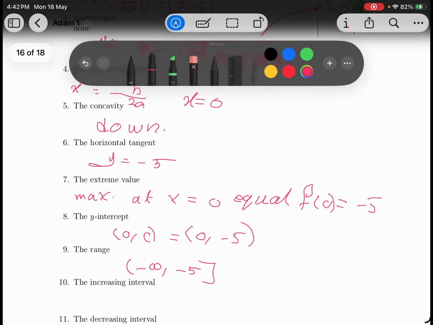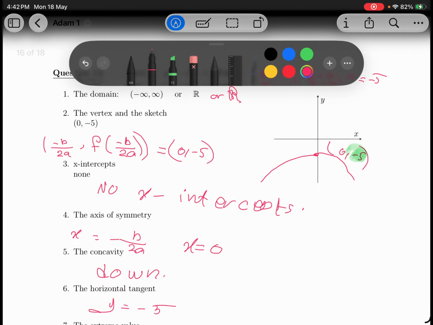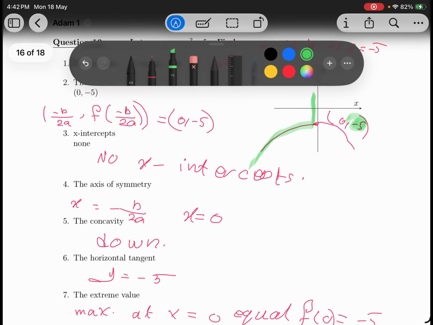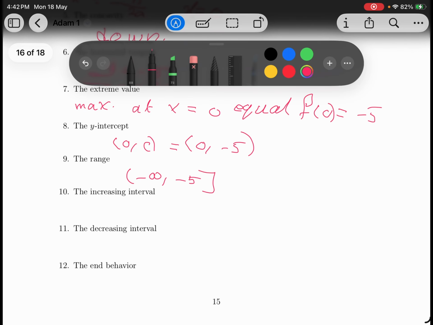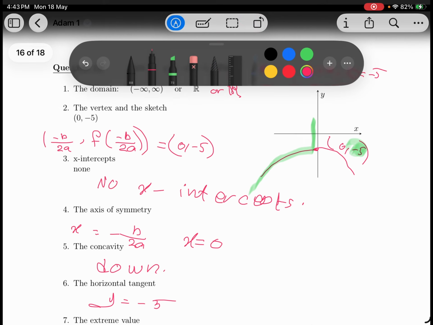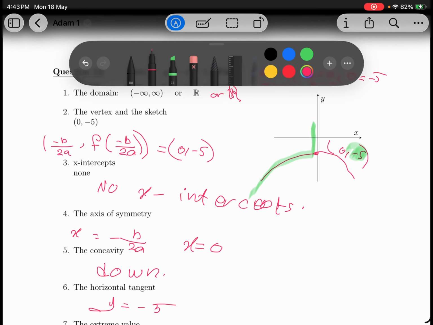And here guys, you see this increasing journey from minus infinity ascending to 0. From minus infinity to 0, this function is ascending or increasing. And decreasing is complementary to this, starting from this point here to infinity.